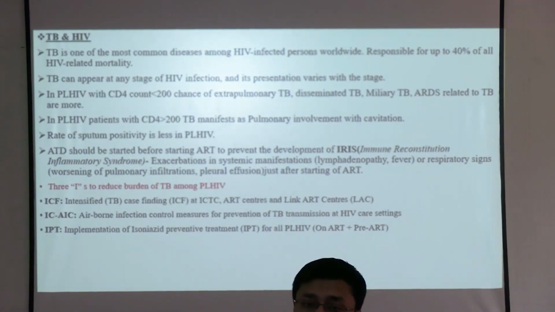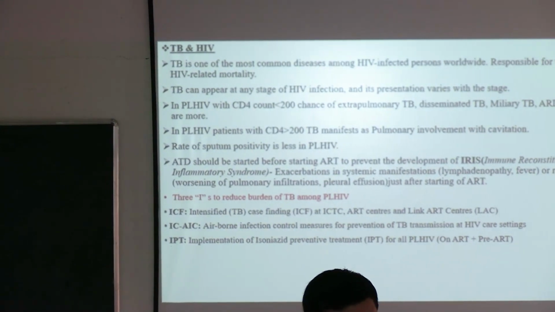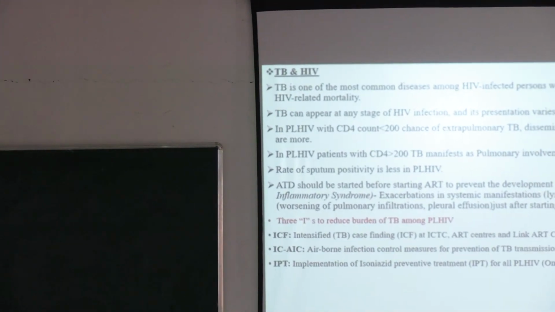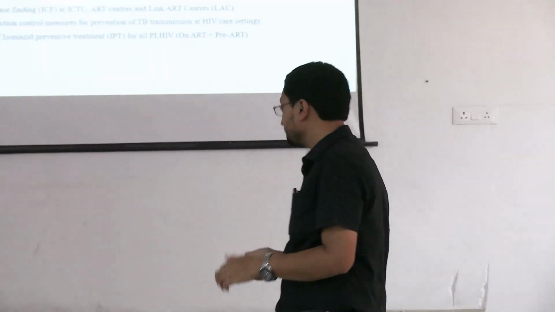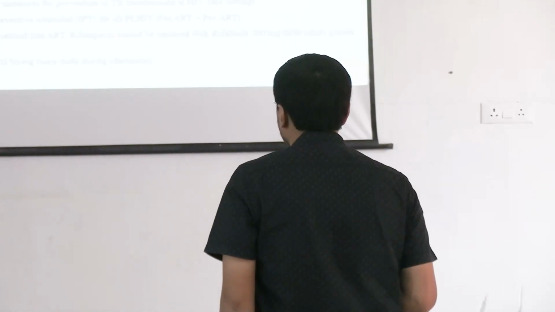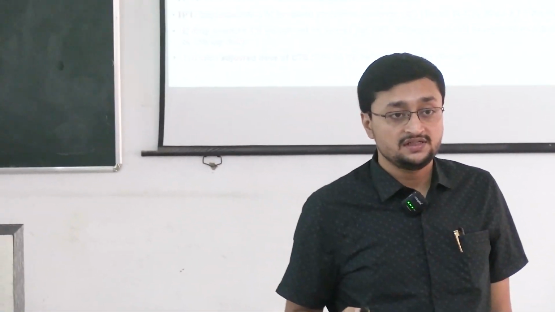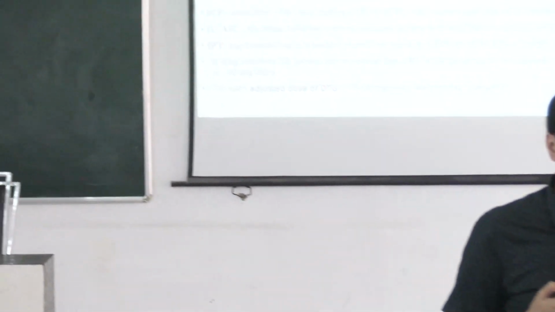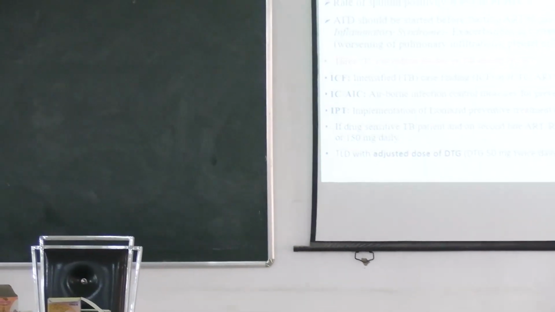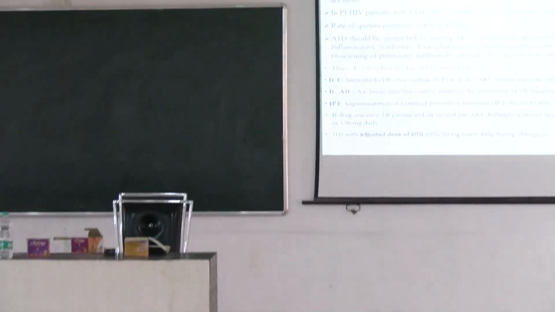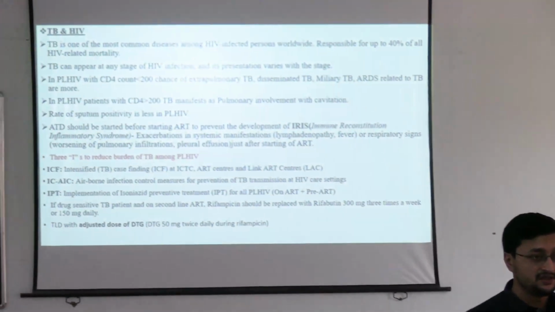So if the patient is on TLD and on ATD simultaneously, because of the rifampicin also, what should be the dolutegravir dose? So the dolutegravir dose must be increased to 50 mg twice daily to decrease the treatment failure, okay? And previously some authors suggested that the rifampicin should be changed with rifabutin, okay, in case of ATD ART simultaneous dosing.